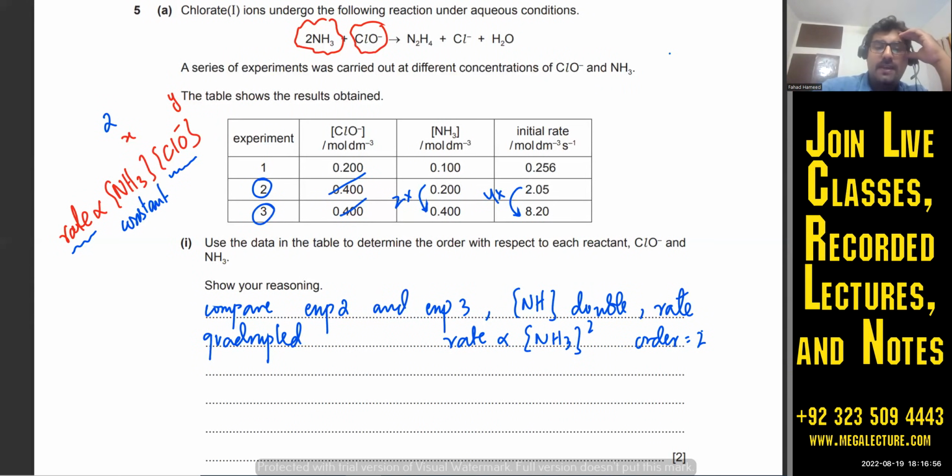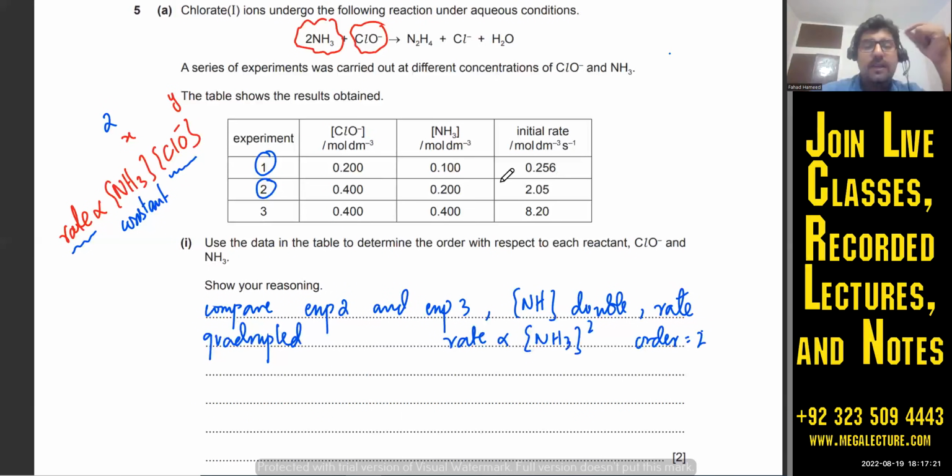Now if I look at the table, what I'll notice is, okay, I need to keep NH3 constant, right? It should not change. But if you look over here, there are no 2 experiments where NH3 is kept constant. If I compare the first two, both of them are varying, so I will not know which one the rate is varying because of.